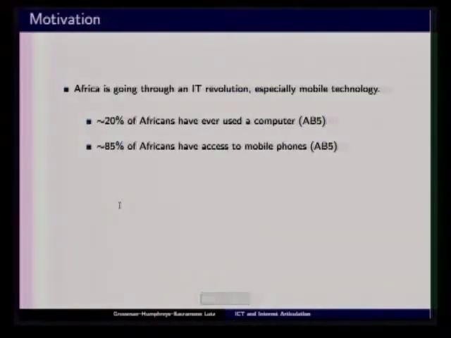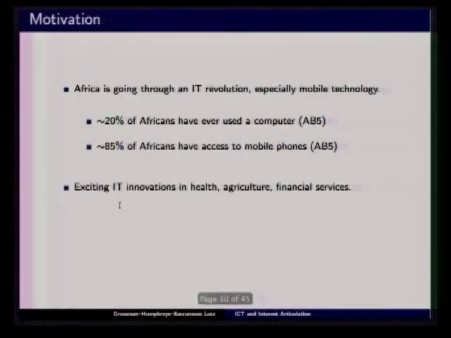So probably many people in the room know this statistic that less than 20% of Africans report ever using a computer, but almost everyone has access to a mobile phone. And we know that there are really exciting innovations with mobile technology now in the realm of health and agriculture and financial services, but less so in the world of governance.